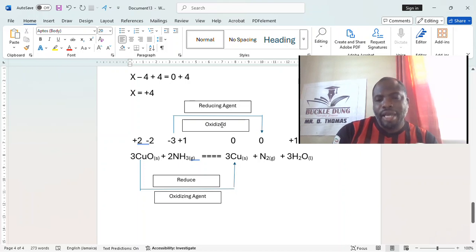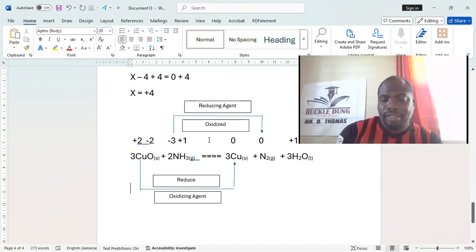So we're seeing the application not only with the concept, and we could have deduced that easily, but remember, not all equations may have hydrogen and oxygen in them, but this one does. So we could have even looked at it in terms of that.